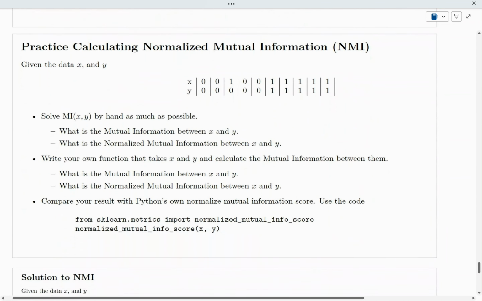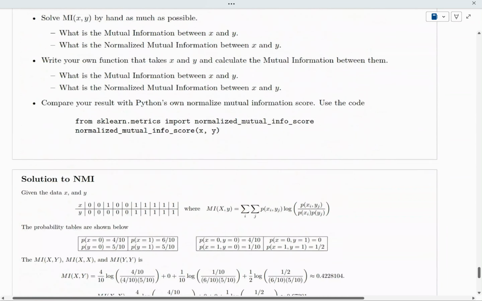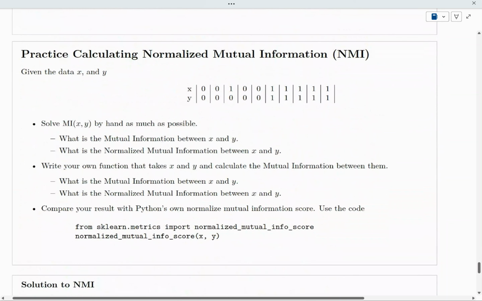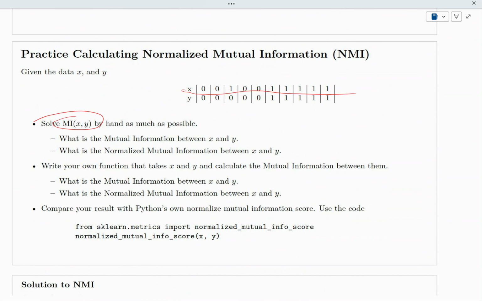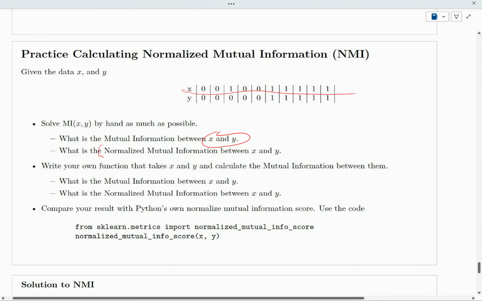All right, so here's the exercise. For your next practice, you have two data sets, X and Y. You want to calculate the mutual information by hand as much as possible, so give that a try. What is the mutual information between X and Y? And then calculate the normalized mutual information.